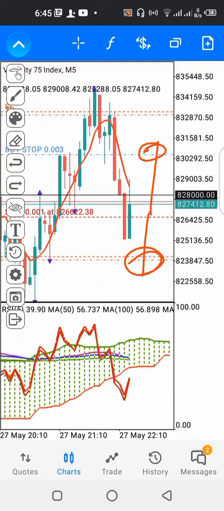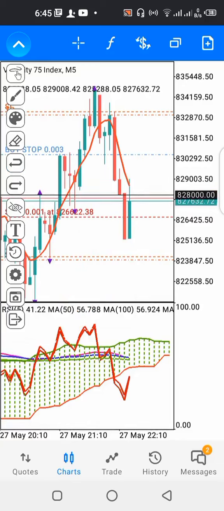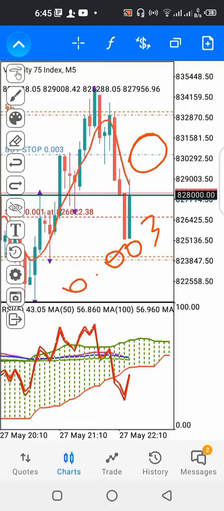So if price triggers my buy stop, I have to place another hedge trade at 3,920 points, which happens to be around here. There's another hedge trade. Now the lot size for the next hedge trade. My first hedge trade is 0.003.